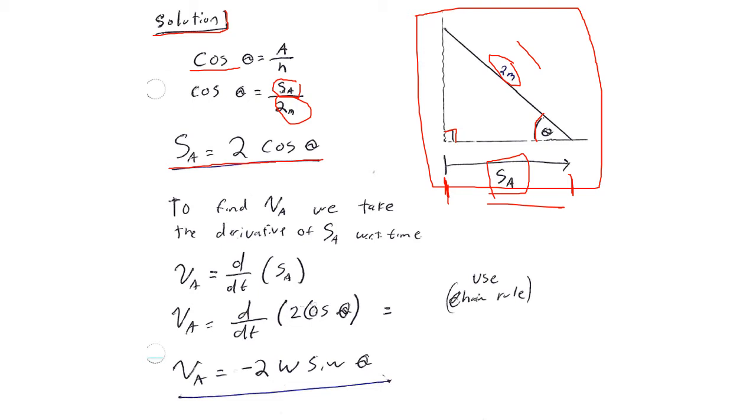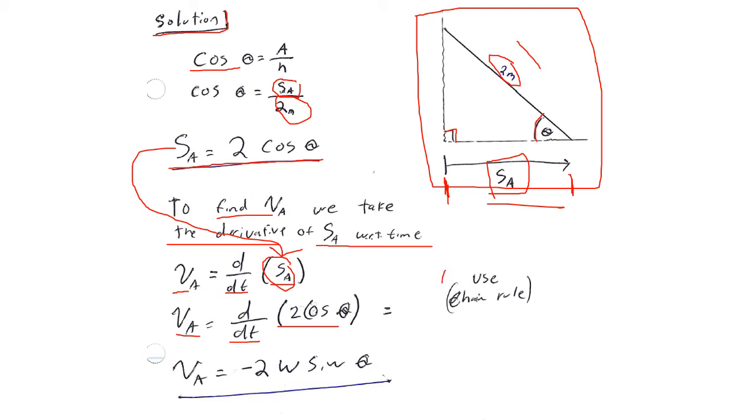What I need to do next is find V sub A. So we'll take the derivative of S sub A with respect to time. As we recall, velocity is the first time derivative of position. So V sub A is equal to d over dt of S sub A, and we plug in our relationship from above, 2 times the cosine of theta.